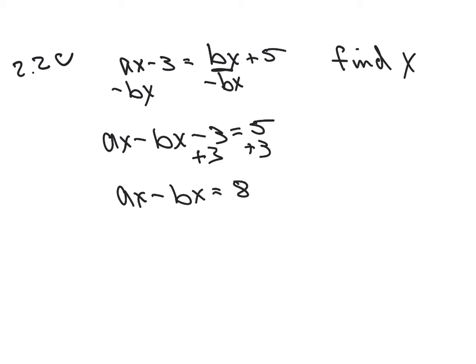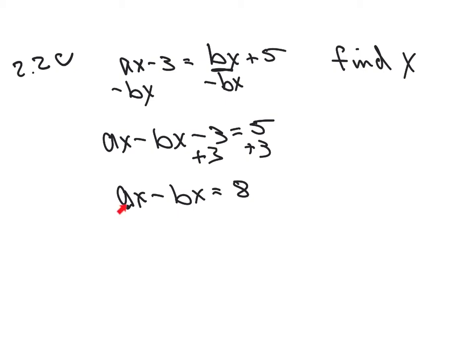All right, so now we have that. One of the things that's important is we cannot combine these two. Usually when we have something like 4x minus 3x, we get 1x because we subtract these. But when we have variables in front of the x, we don't know what number that represents.